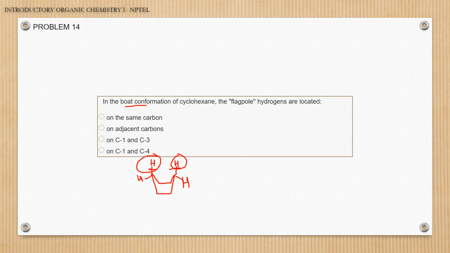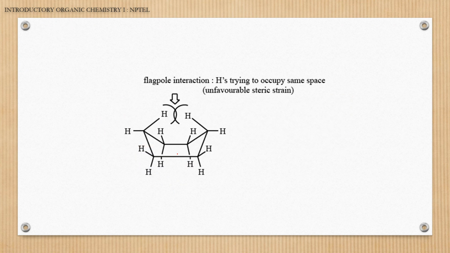So the flagpole interaction occurs at C1 and C4. It is not C1 and C3, it is between C1 and C4 that the flagpole interactions are there. Here the hydrogens are trying to occupy the same space, and an unfavorable steric strain is there.